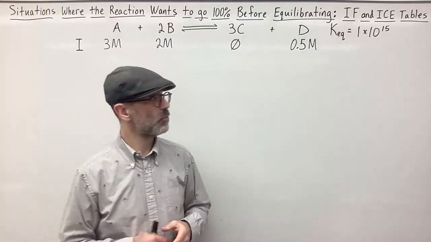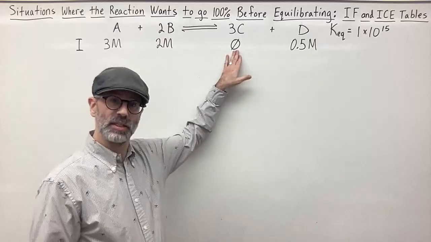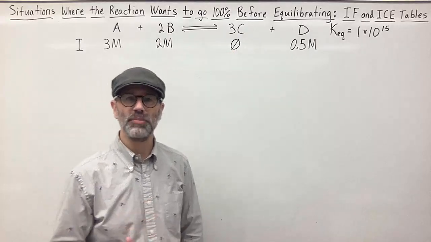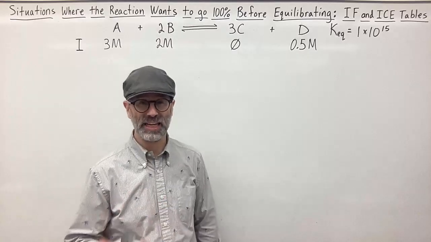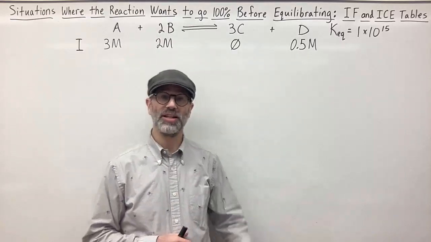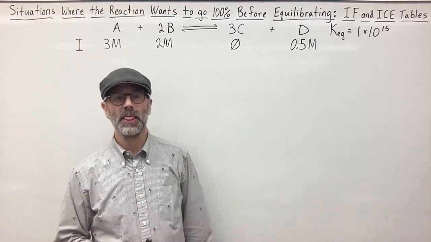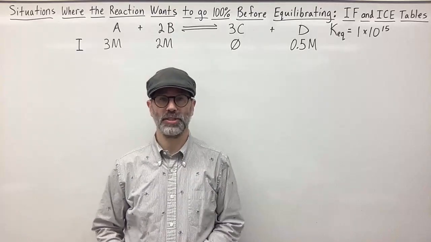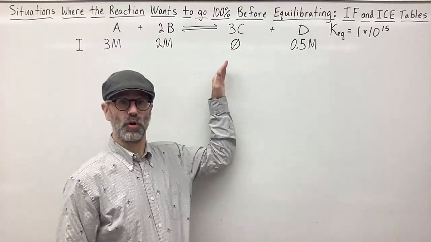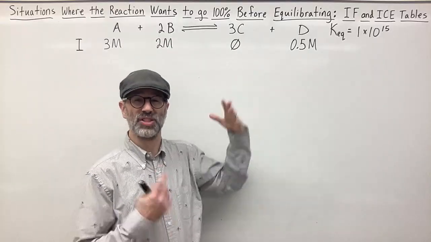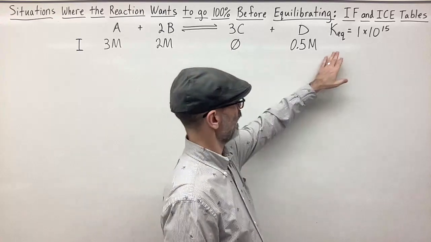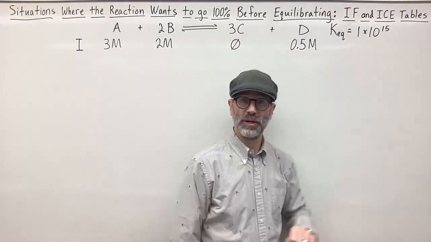Right away, we see that C has 0 concentration, and you can't have something with 0 concentration at equilibrium. So because you have zero C, you know that it's going to shift towards the products, in order to make some C at equilibrium.